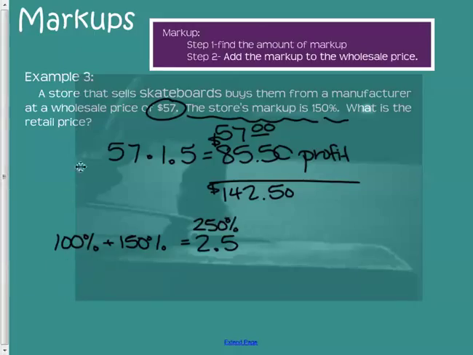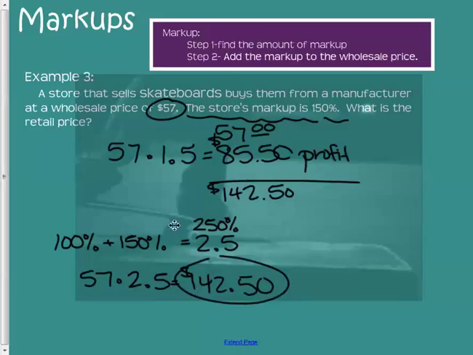So if you wanted to use that little trick of the trade where we don't have to use that additional step of adding, you can just multiply 57 times your 250% or 2.5 and you get 142.5, which is 50 cents if we speak mathematically with money. The reason for this is, again, because you're paying 100% of the item, which is your 57, and then an additional 150% for the markup.